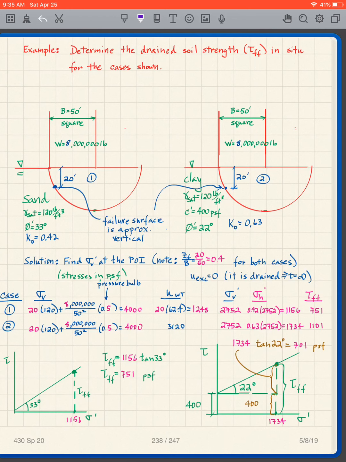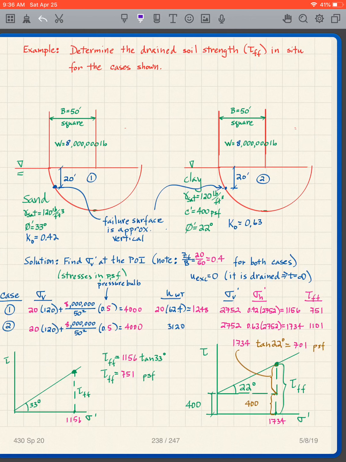Well, I have to use the K naught in this case. I'm giving you the value of K naught because, since the failure surface is vertical, I need to figure out the normal stress to that vertical. Well, the normal stress is a horizontal stress, so I need to figure out the horizontal stress, which means I need to use the K0 to do it.